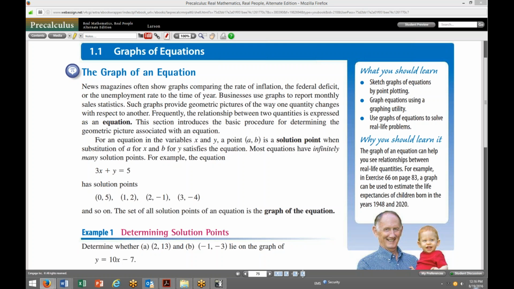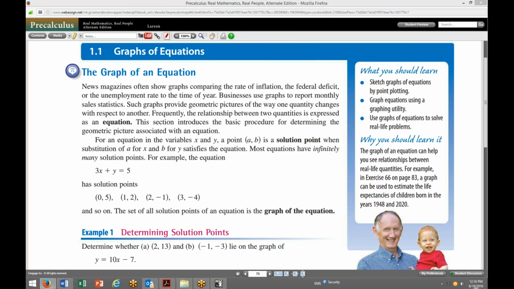These equations qualify as equations if and only if there's an equal sign in the mathematical statement. During this course, we will be working with not only equations, but also inequalities: graphing them and solving them. But the primary portion of the course is going to have to do with equations. So that's where we're starting off.